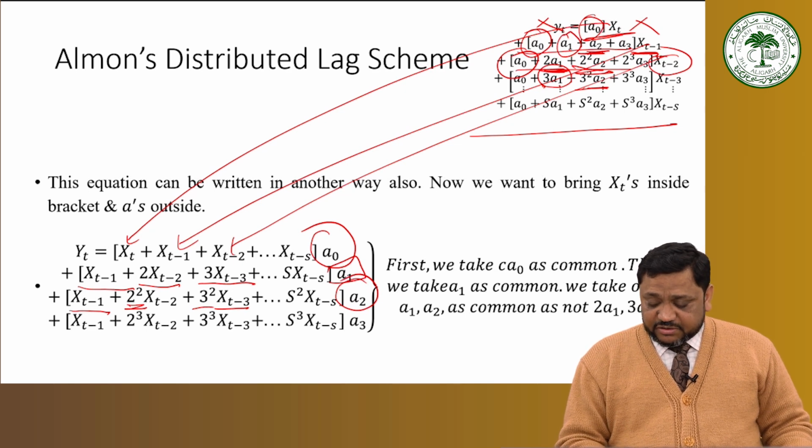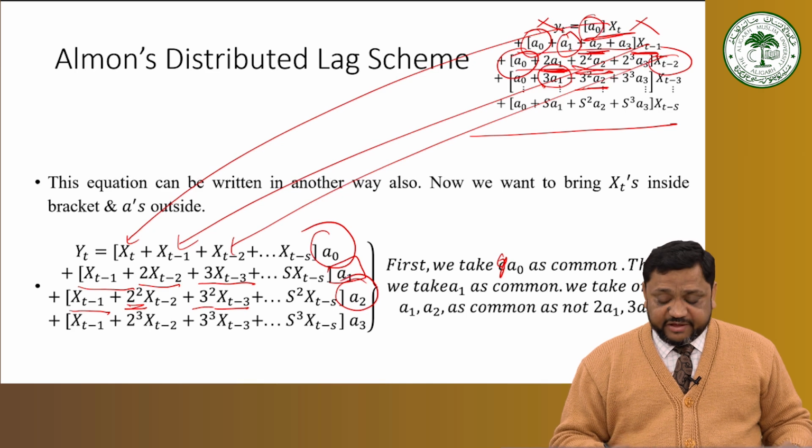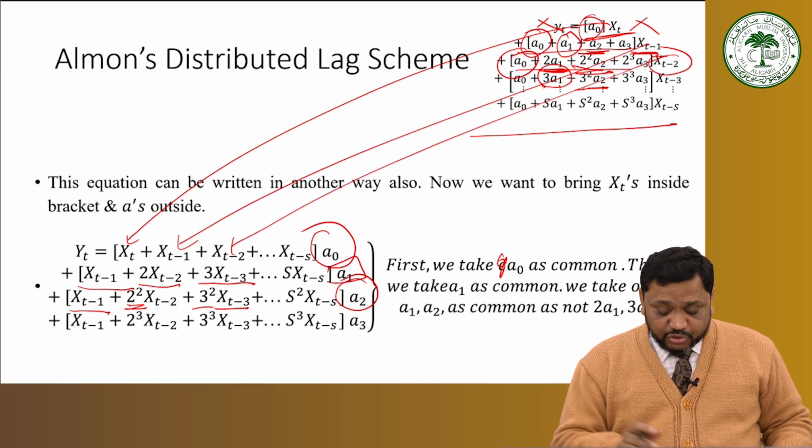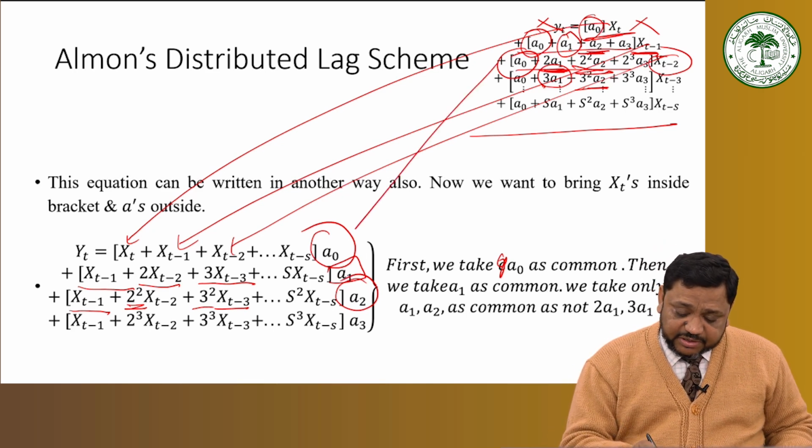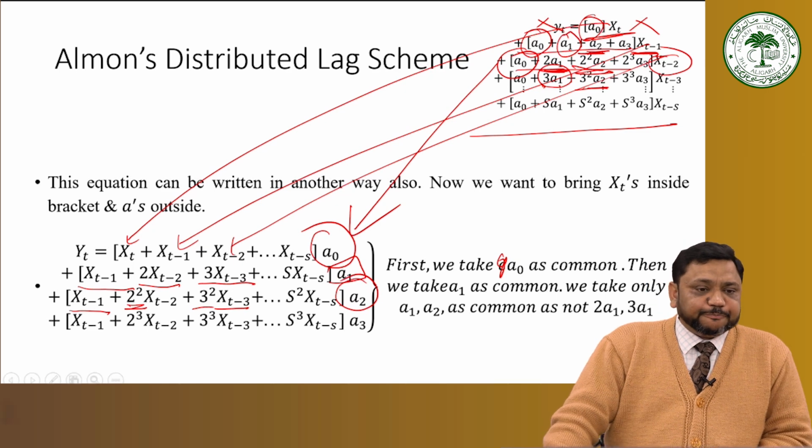So we can take A0 as common, then A1 as common, then A2 and A3 as common, and likewise we can write this system of equations in this format.